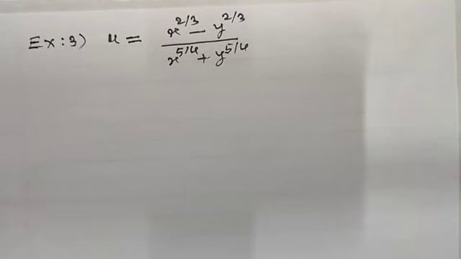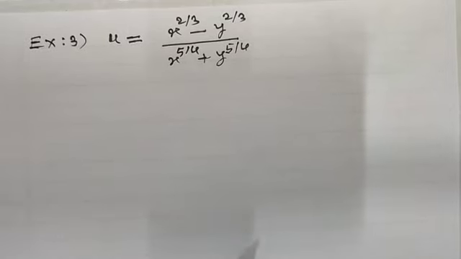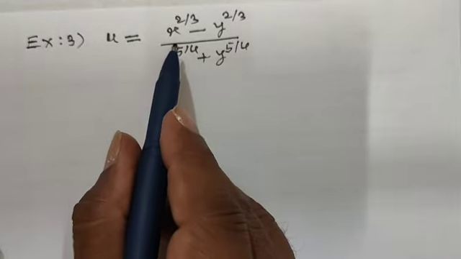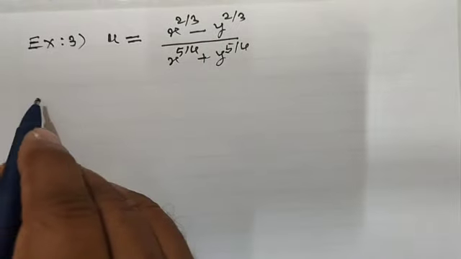Okay, this is sum number 3. U is equal to, same type of sum. Here also what we have to do is replace x by lambda x and y by lambda y in the numerator as well as in the denominator.